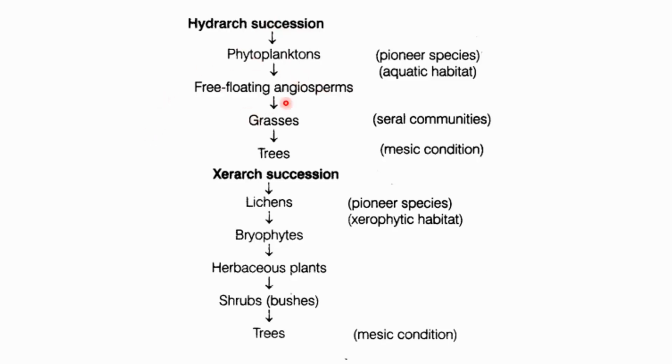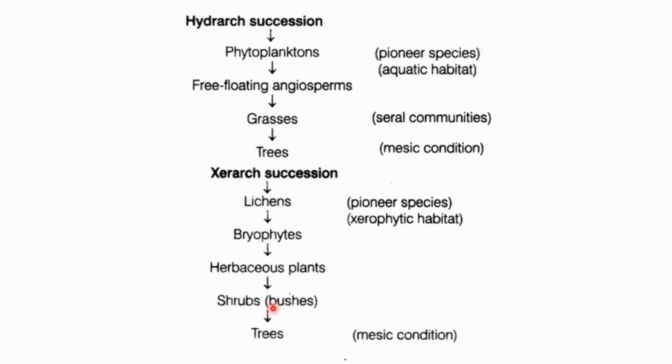Then we have free-floating angiosperms, then grasses and trees. These free-floating angiosperms and grasses are the seral communities, which are the intermediate communities. In xerarch succession, we have lichens, then the land is inhabited by the bryophytes, herbaceous plants, shrubs, and ultimately by the trees.